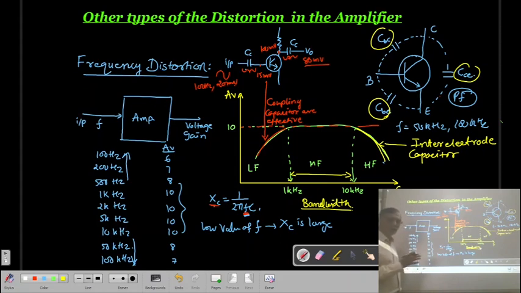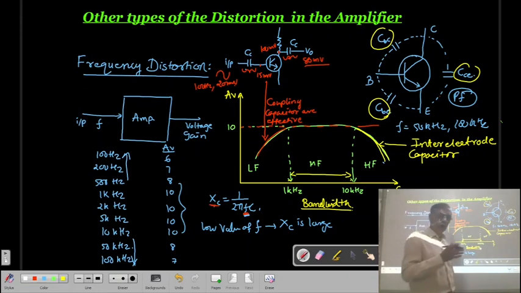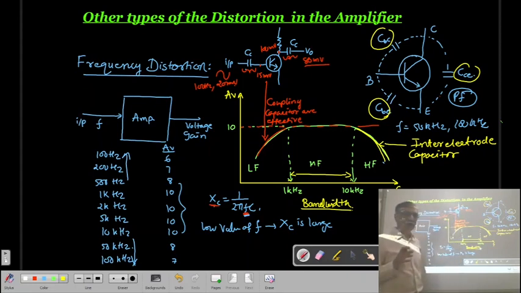And about the bandwidth we will discuss in the next chapter. So how to find out the bandwidth of the amplifier, and according to the bandwidth we can also have the classification of amplifiers, like audio amplifier, video amplifier, RF amplifier, VHF amplifier. Different types of amplifiers are there.